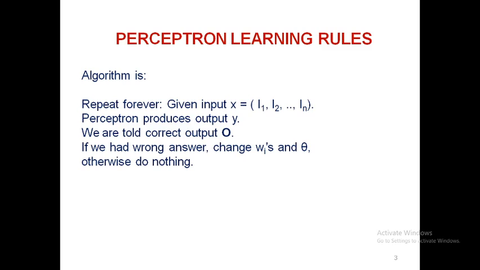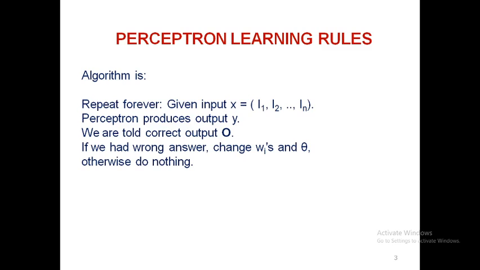But we also need to tell the perceptron the correct output, let us call it O. That is nothing but the required output.